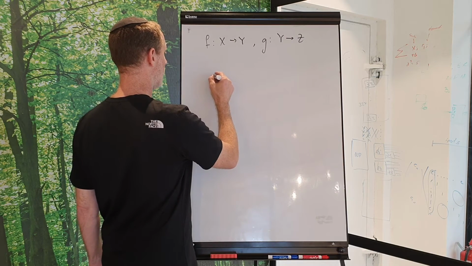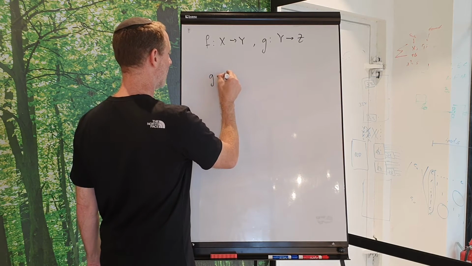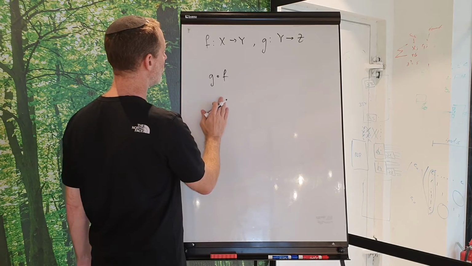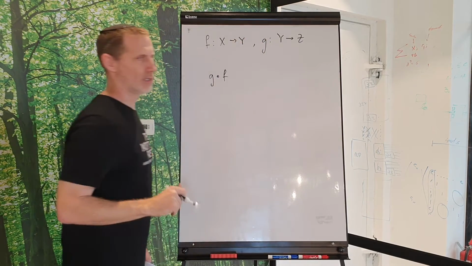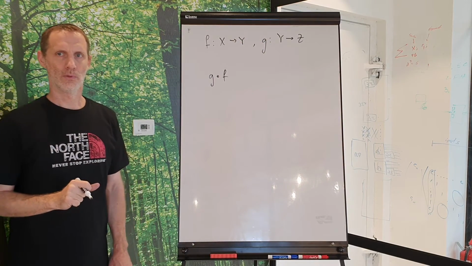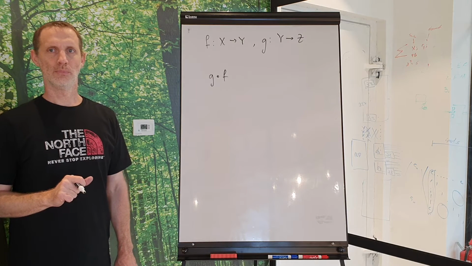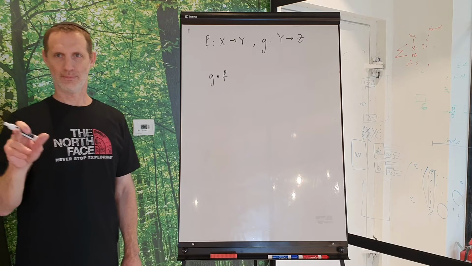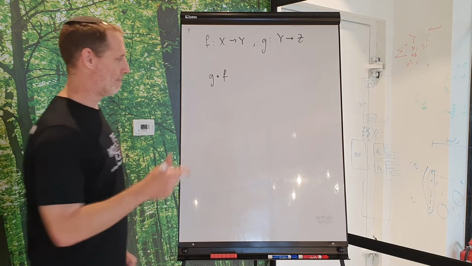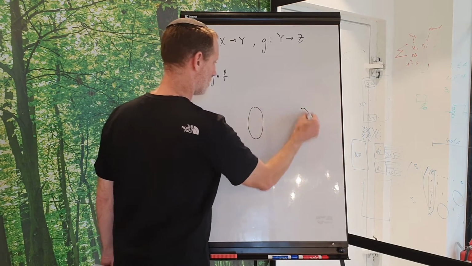Now, why does this happen? What happens if only G is surjective? Is the composition also surjective? No, because the F, the second one, might not fill the whole G domain. Yeah. So let's look at that example.